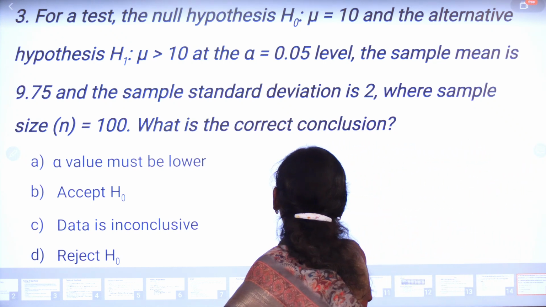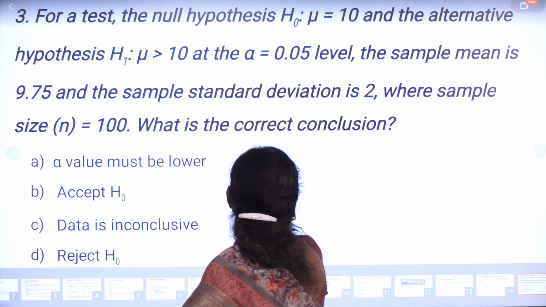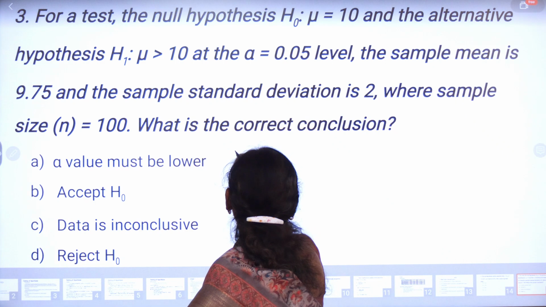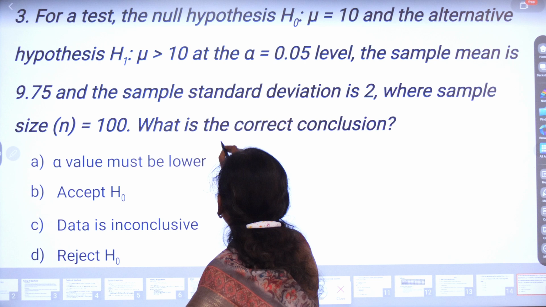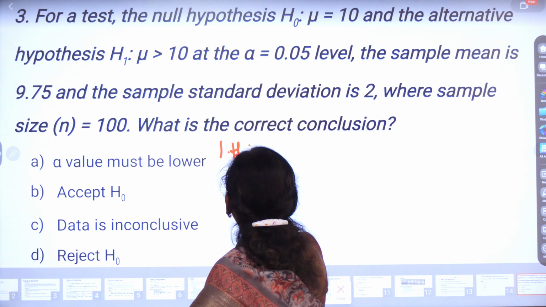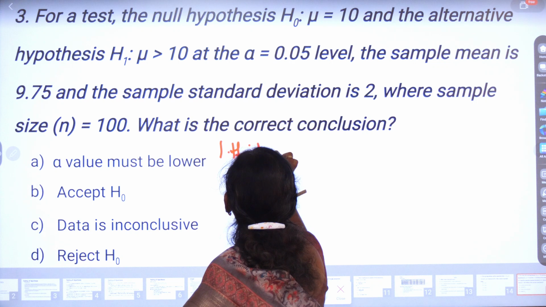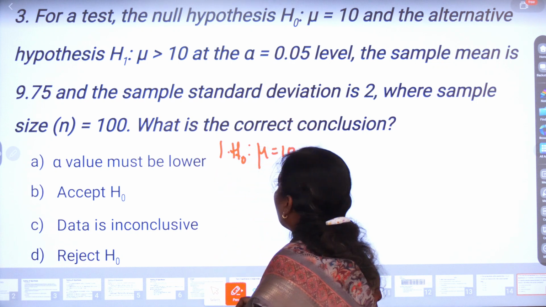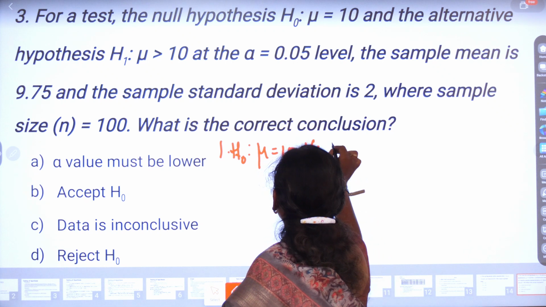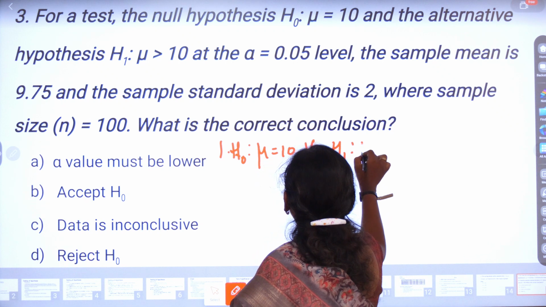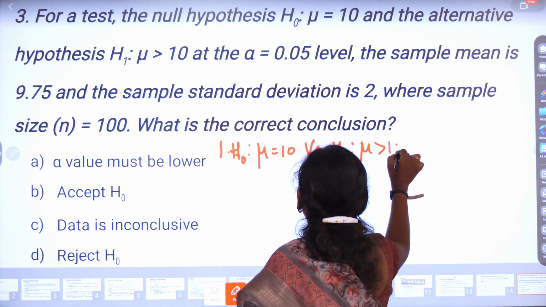So the null hypothesis, that is your step 1. Your null hypothesis is H0: mu is equal to 10. This is given to us, and your alternative hypothesis is also given, H1: mu greater than 10.